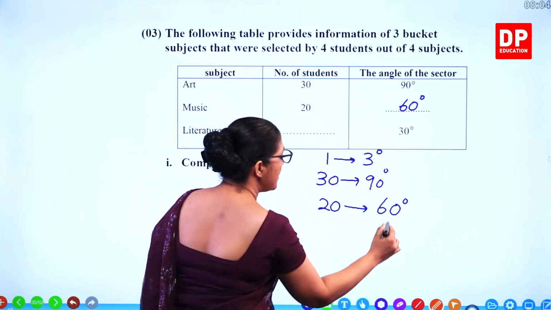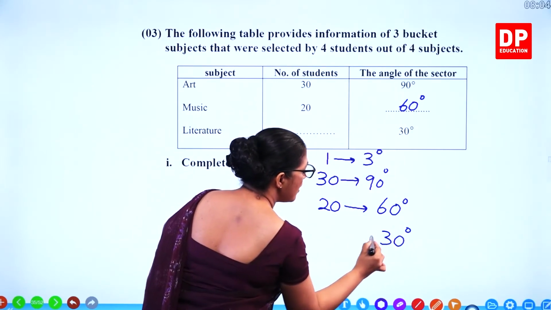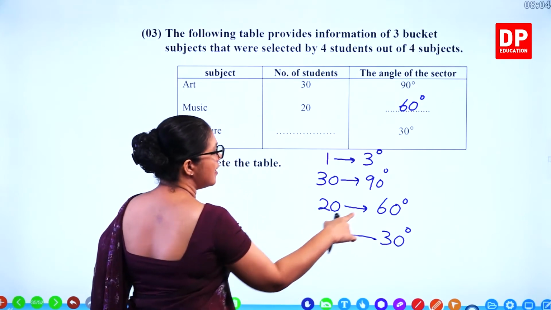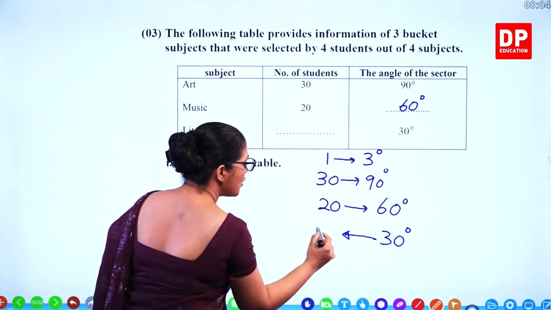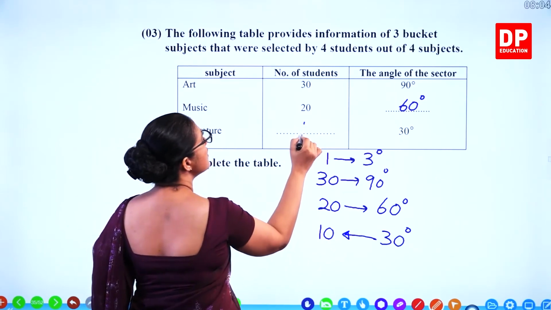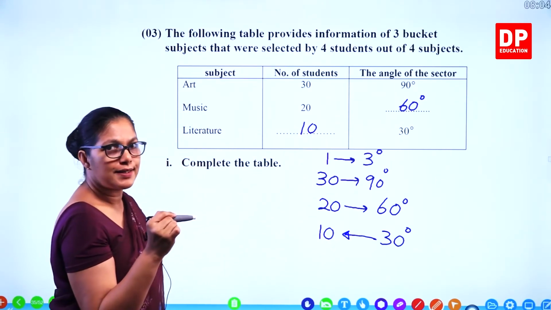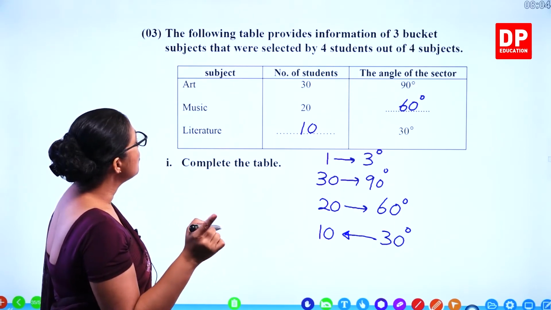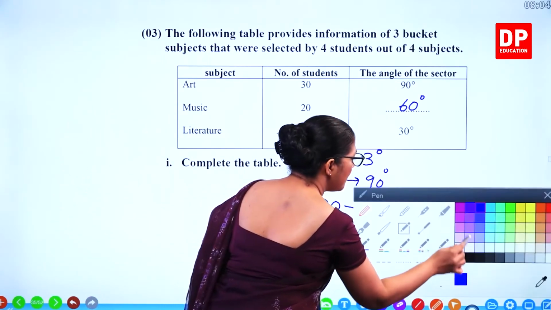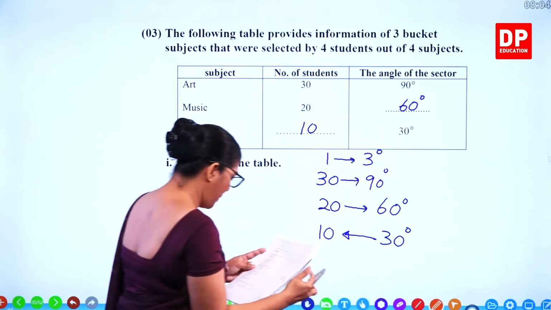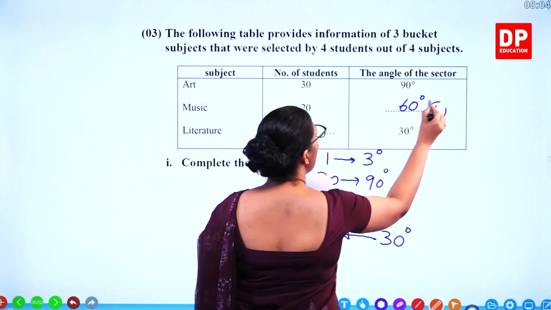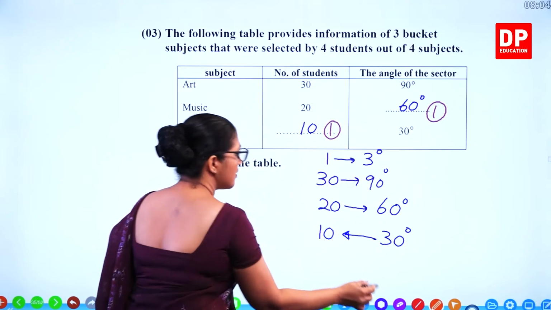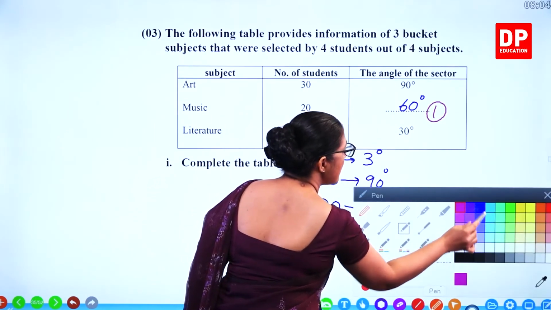And for 30 degrees, we have to do it the other way around. What's the number here? 60 means 20, half of it. 20 divided by 2, that's 10. So this number becomes 10. So 2 marks you are getting. We'll see how many marks for this step. 1 and 1. 1 here, 1.